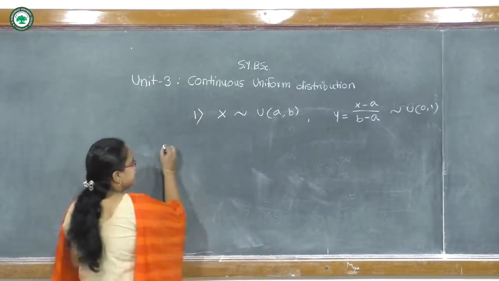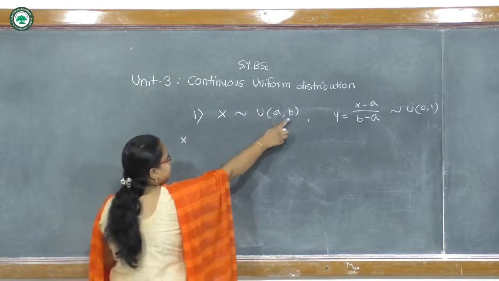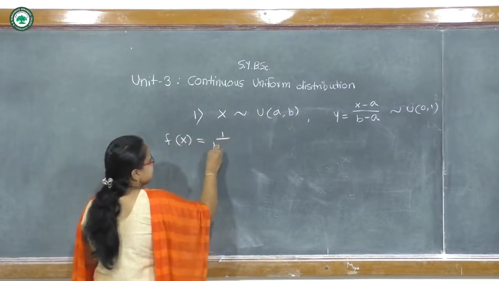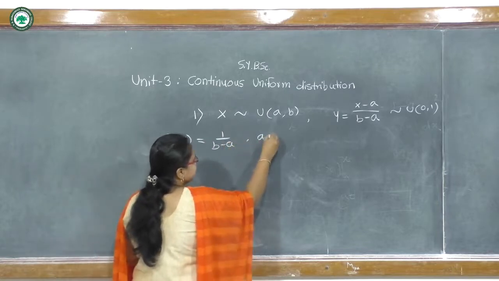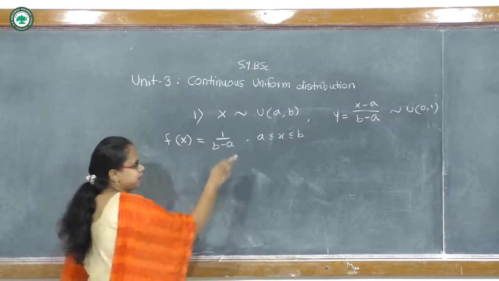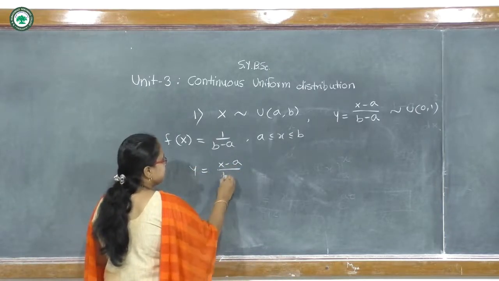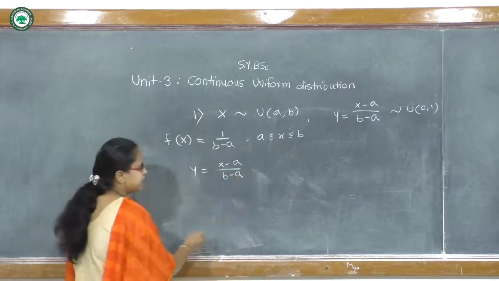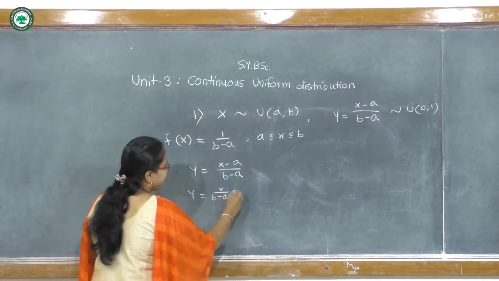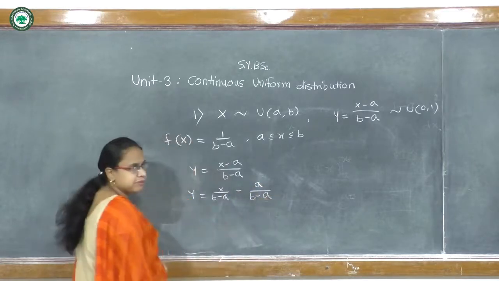We are given that X follows uniform a comma b, so we can write its PDF. Let us write Y equal to X upon (b minus a) minus a upon (b minus a).